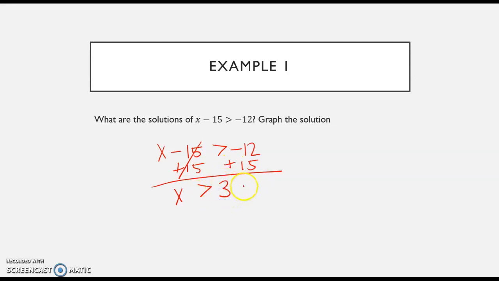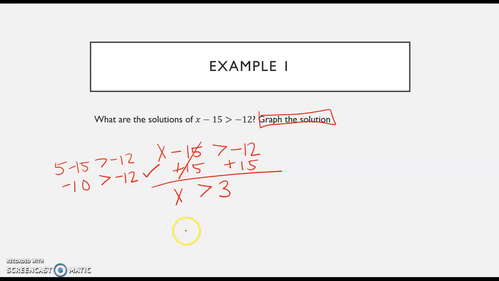So as long as I have anything greater than 3, right, so I could choose like 5. 5 minus 15, is that greater than negative 12? Well, that gives us a negative 10, which is indeed greater than negative 12, because the bigger the negative number, the smaller it actually is. So that is a yes. Now, it does say to graph the solution.